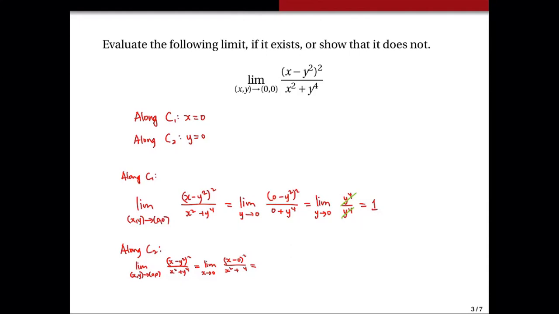Let me write that. So this is just the limit as x goes to 0 of x squared over x squared. And just like before, these two guys will cancel. So the limit is equal to 1. So the limits, they're the same. And well, we need to find another curve where this function goes to maybe a different limit.